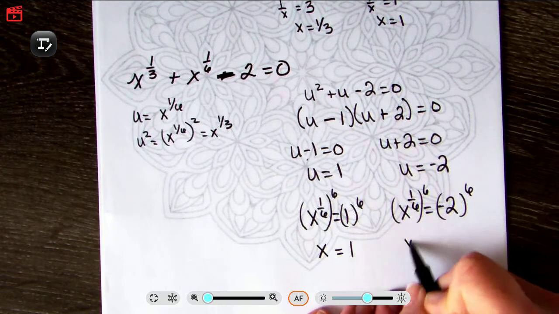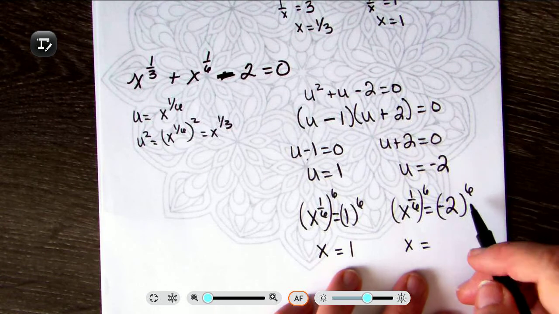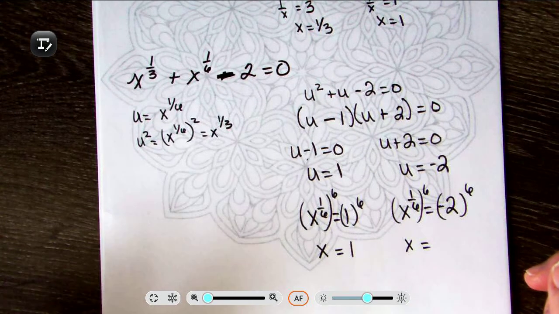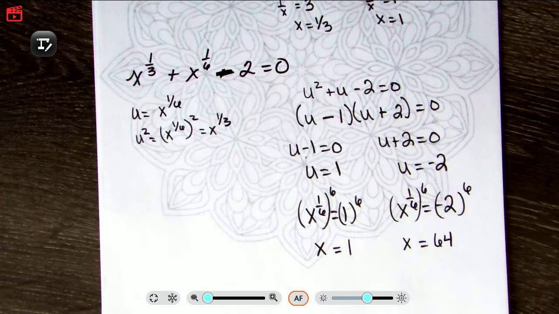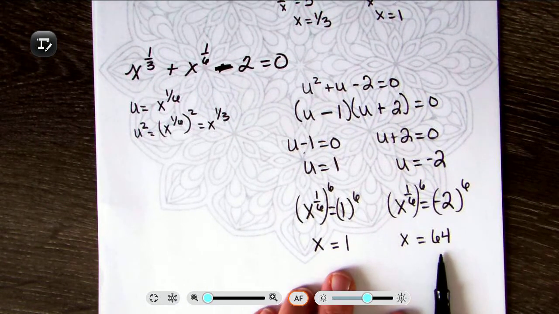So here x is equal to 1, or x is equal to negative 2 to the 6th. So negative 2 times negative 2 is 4, times negative 2 is negative 8, 16, negative 32, positive 64. Hopefully I did that right. I think so. So there are my two answers.